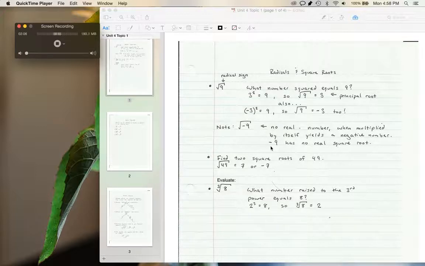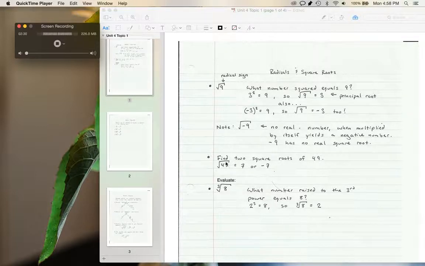With 3 times -3, you're not squaring 3, you're just multiplying two different numbers. So there is no number that when multiplied by itself gives you a negative number, nonetheless -9. We'll talk a little more about this at the start of Unit 2, but I wanted to make a note in case you were wondering at this point.